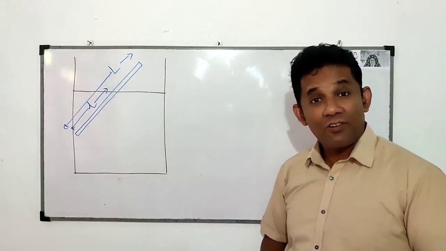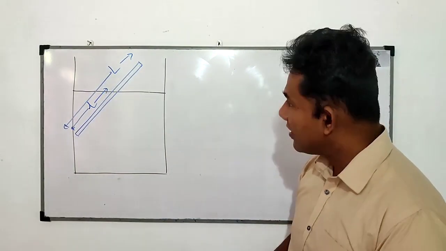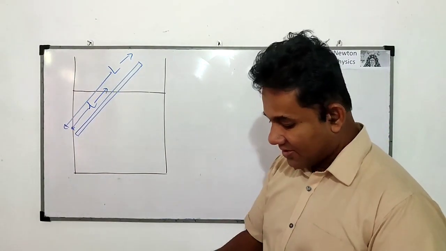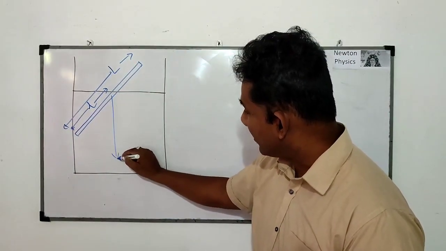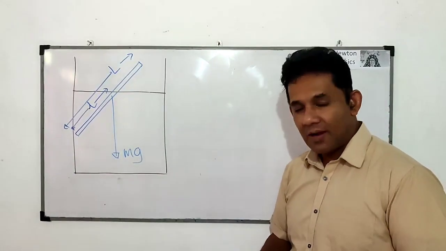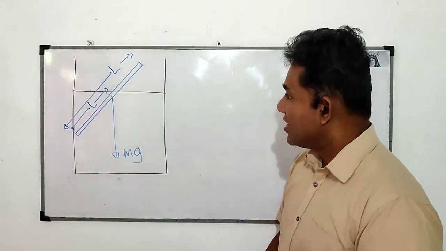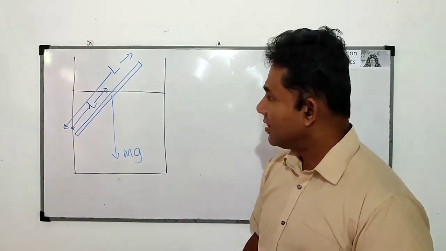Now think about the forces exerted on this rod. The first force is the weight of the rod. I am taking it as mg. And the next one, the upthrust. The upthrust acts at the center of buoyancy.